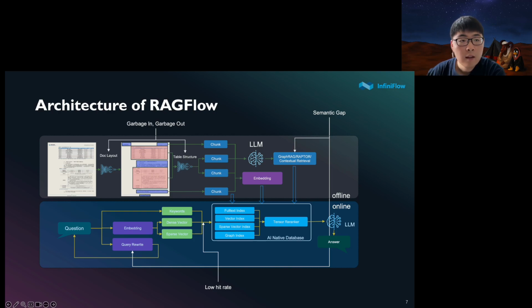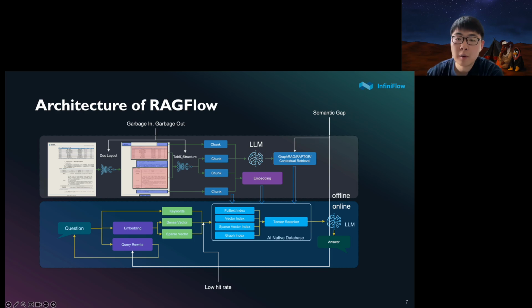Okay, this is the architecture of RAGFlow. We could see that RAGFlow really did a lot of things to tackle the challenges we mentioned earlier. To ensure the quality of pre-processed data, we developed a series of models called DeepDoc, which refers to Deep Document Understanding. It has two parts. The first part is neural networks to detect document layouts, and the parsers to deal with the intricate structures within the document.